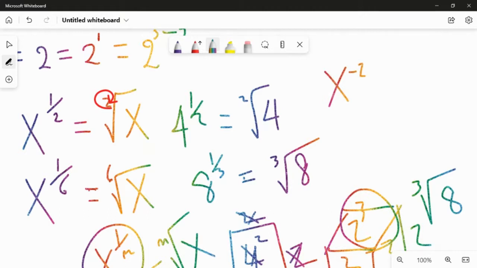That's basically telling me how many multiplications of x it takes to reach that number.